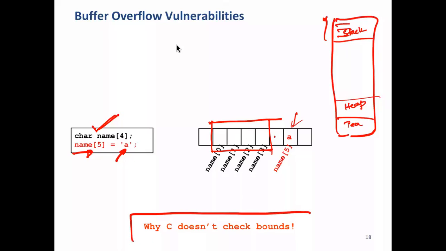So now the question is that C in general does not check bounds. Why is that? See, this problem won't exist in, say, Python. So C is called a memory unsafe language.